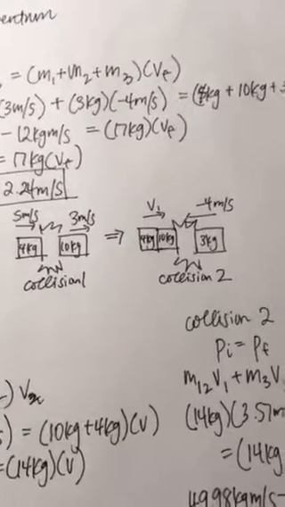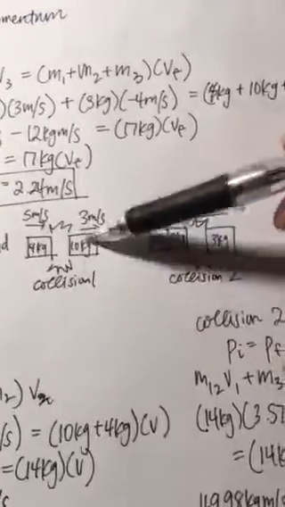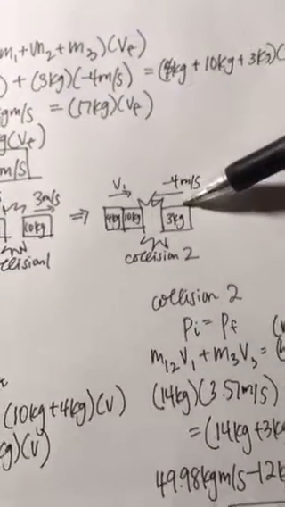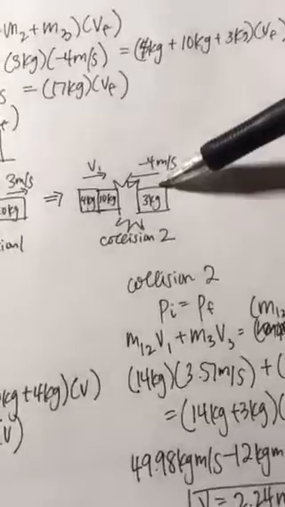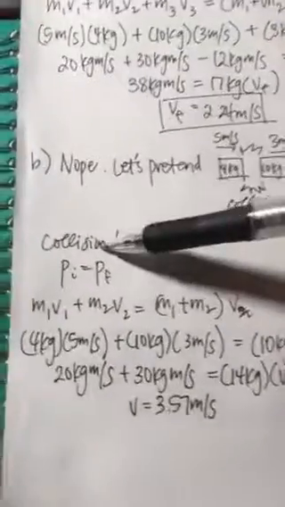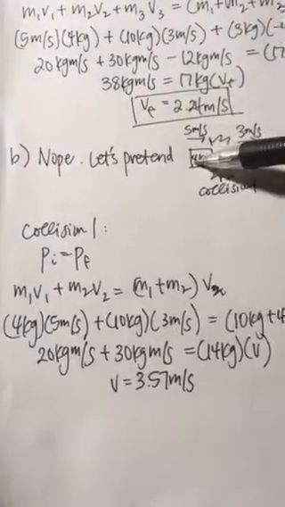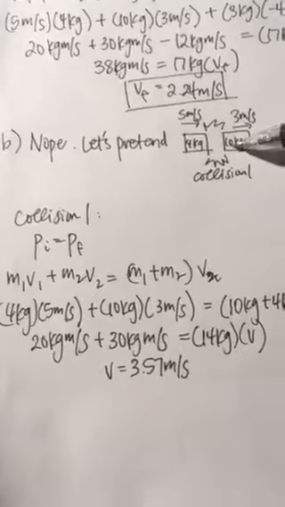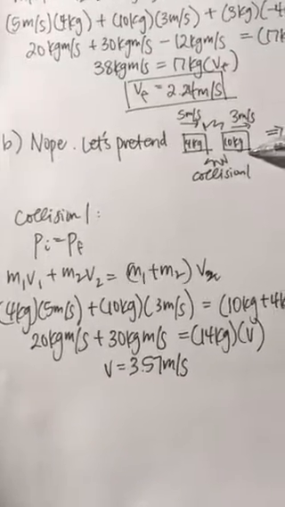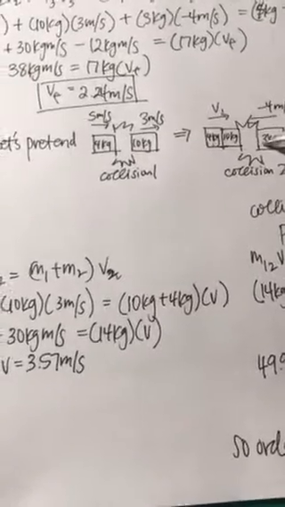If our hypothesis is true, then the final velocity after this collision first and then this collision should be 2.24 meters per second, if really it doesn't matter the order of the collisions. So we're first going in collision 1, which is here. Momentum initial equals momentum final. So you got m1 v1 plus m2 v2 equals the masses together times the velocity. That's the velocity in which they're going to be traveling when they hit m3.